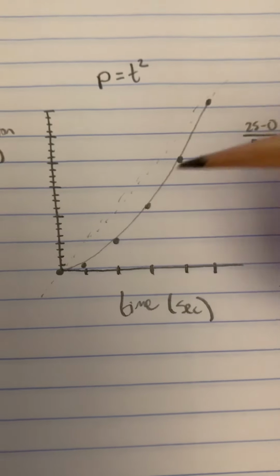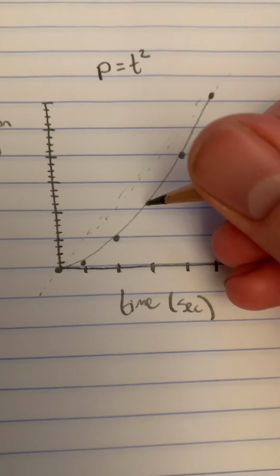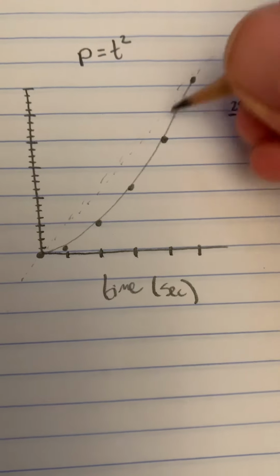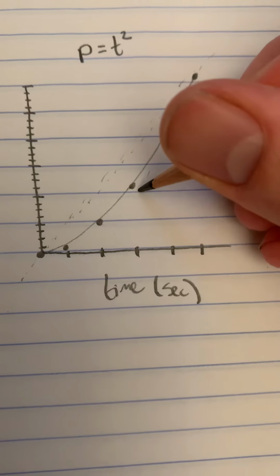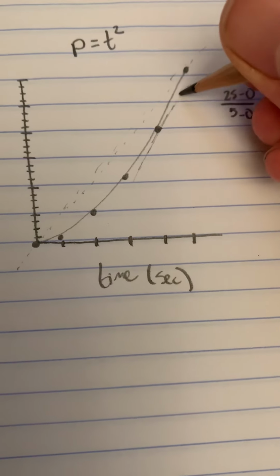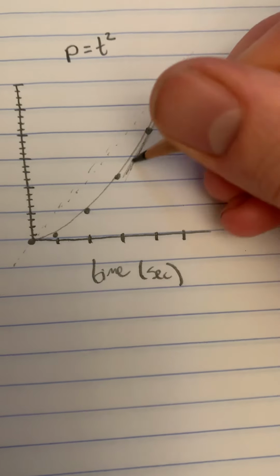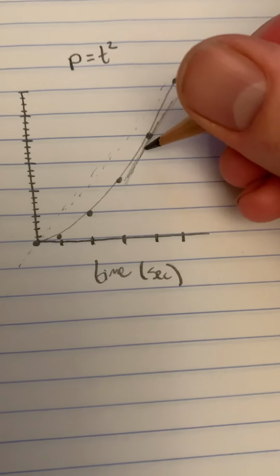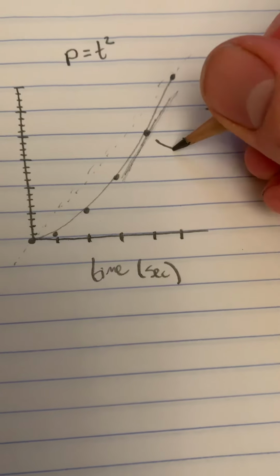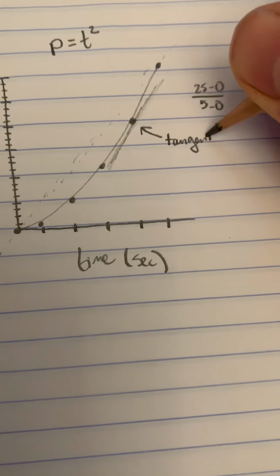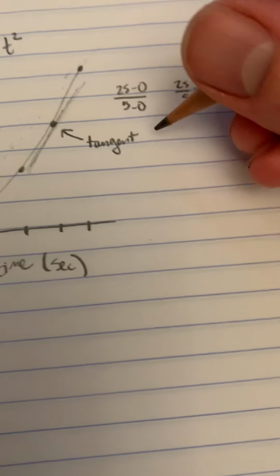Let's say that I wanted to know the instantaneous rate of change, specifically at time 4. That is, I wanted to know what is the slope of the line right here. Now, this line that I've drawn right here is what we call a tangent line, which is an extremely important term in calculus.